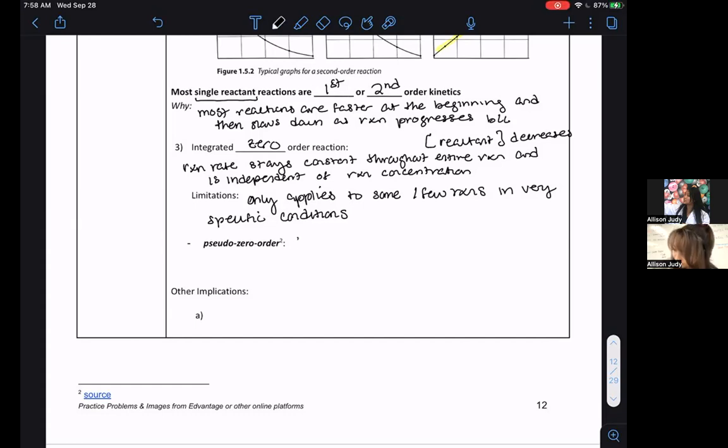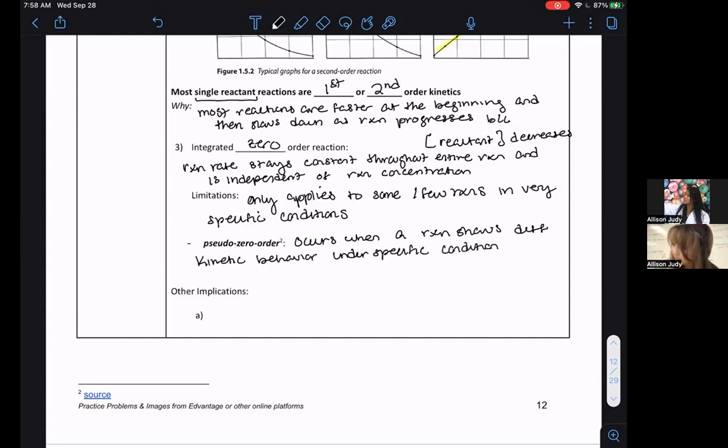Okay. So pseudo zero order reactions are observed when a reaction that isn't normally zero order shows a different kinetic behavior under specific conditions, allowing us to use the zero order relationship.